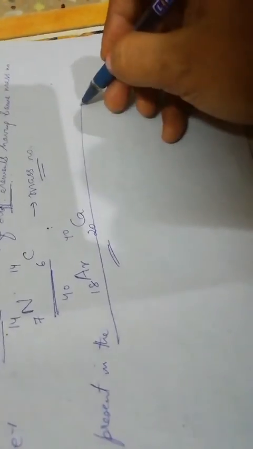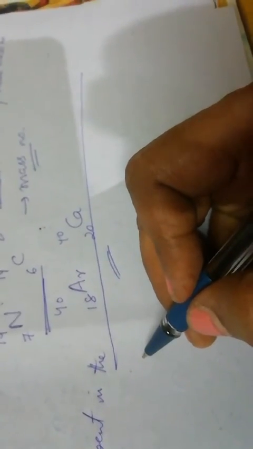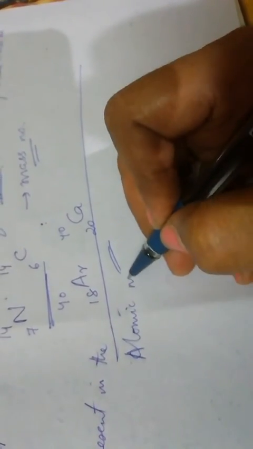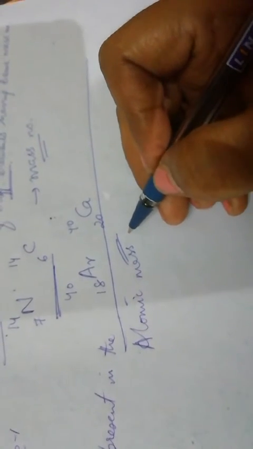Now, what is atomic mass? We all know that an atomic mass is a relative value. It is the number of times one atom of an element is heavier than 1/12 of the mass of a carbon-12 atom. Now, can atomic mass be fractional? Now, many children confuse between atomic mass and mass number. Please be careful.